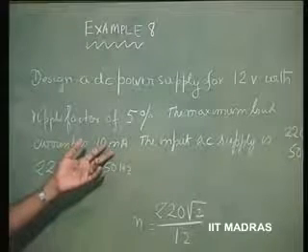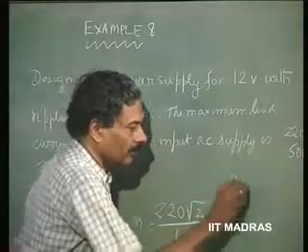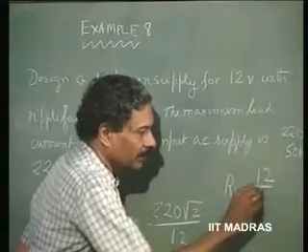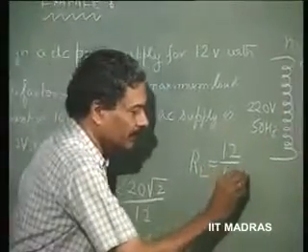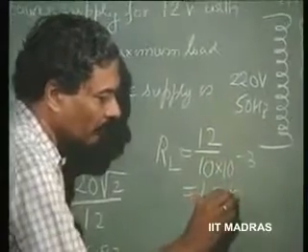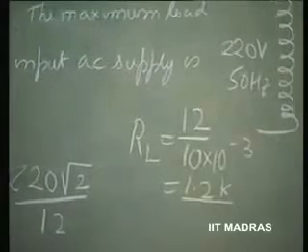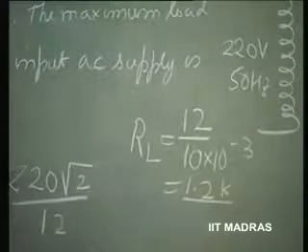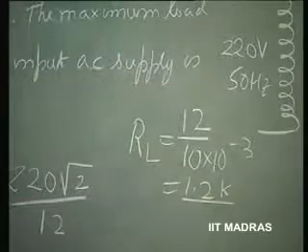Or equivalently, I can say that the load RL is 12 volts DC divided by 10 milliamperes, which is 1.2 kilo ohms. That is the maximum loading you will have, with a minimum load resistance across the 12 volts.